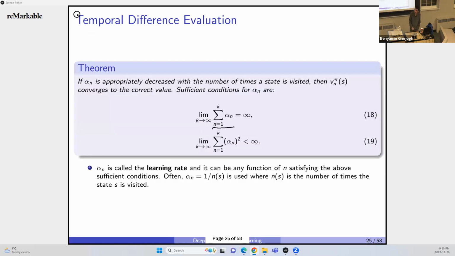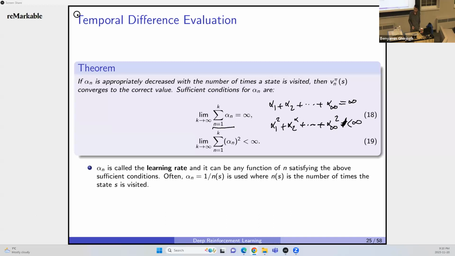The summation of alpha_n from 1 to k, where k goes to infinity, that is, alpha 1 plus alpha 2 plus and so on, should become infinite. But the summation of their squares shouldn't become infinite; it should be finite.